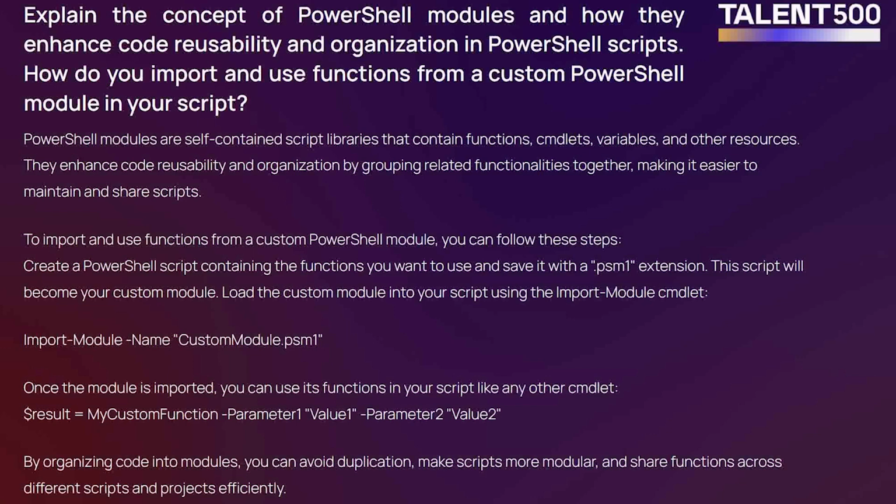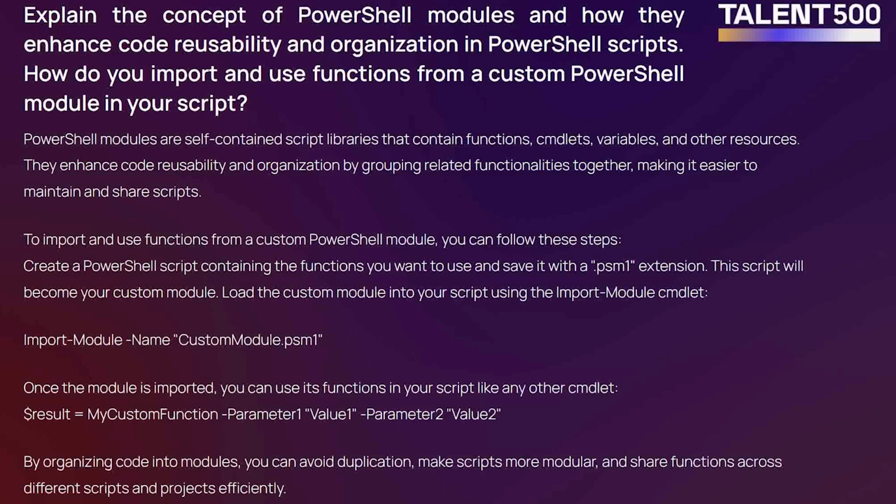They enhance usability and organization by grouping functionalities together, which makes it easier to maintain and share scripts. Now the different part in this question is how to import and use functions from a custom PowerShell module in your script. You have to follow these steps.